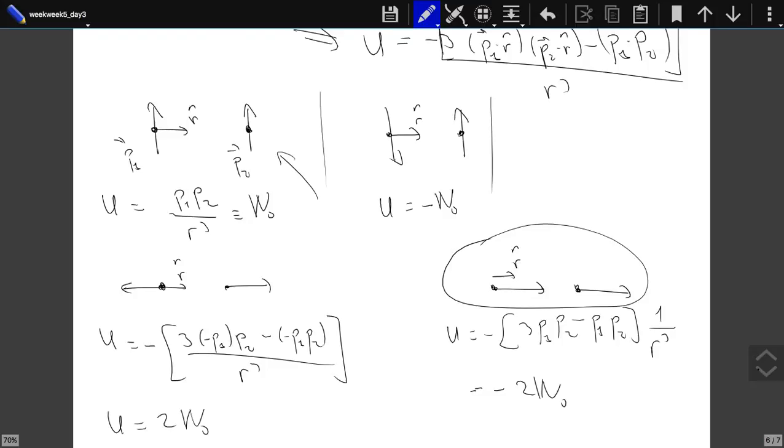Of course, in a given system, you will not have just two dipoles. You will have many dipoles. But nevertheless, they will tend to align. So that will be one of the important things in the next chapter. Especially if you furthermore, if you put an external field, they will also align the dipoles.